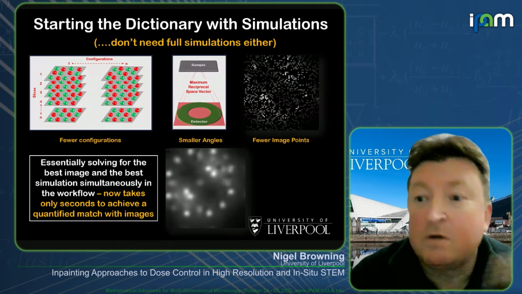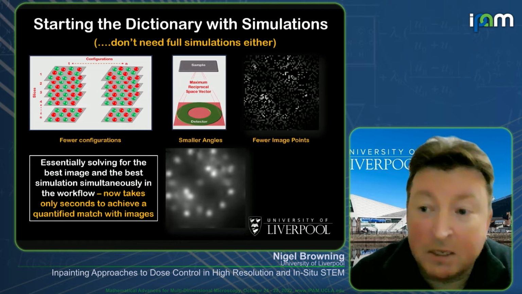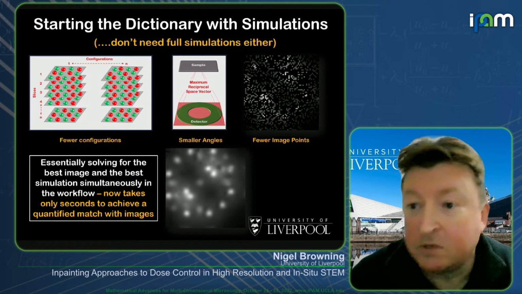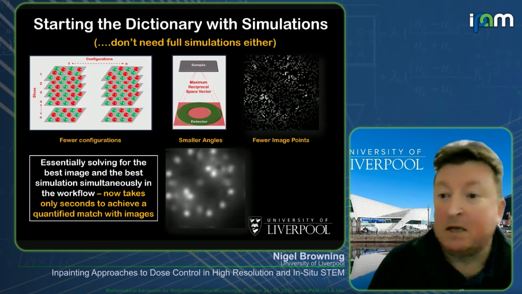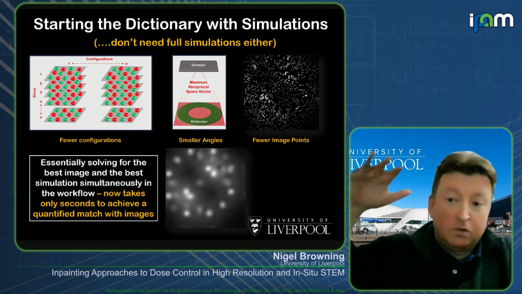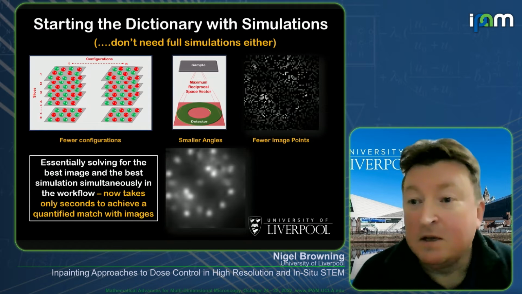So it takes the workflow in terms of the matching of the simulation to the experiment and integrates it into the acquisition of a low signal instead of trying to match a low signaled image to a very high signaled simulation, which is very, very difficult to do.